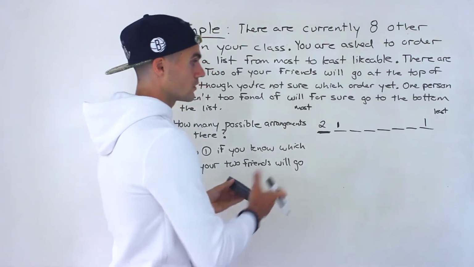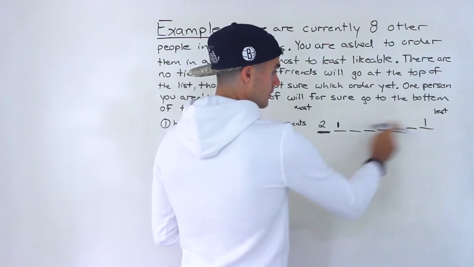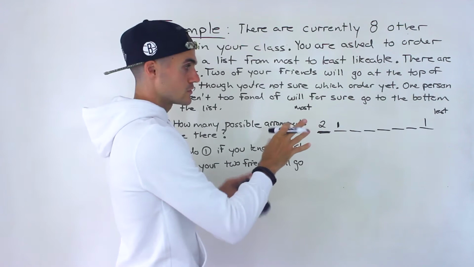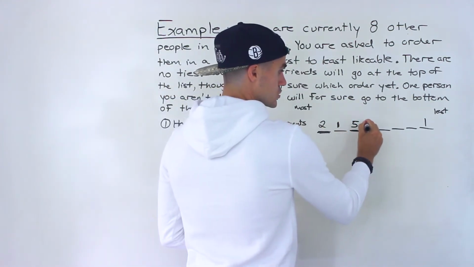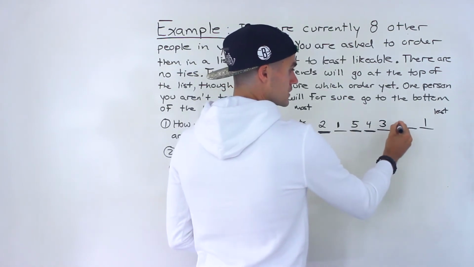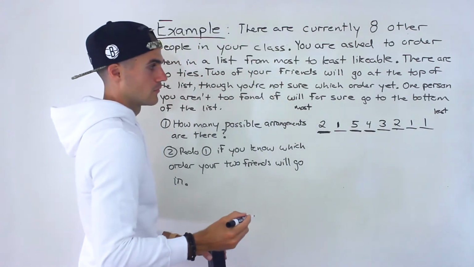You're not sure what are the possible arrangements. Well, we picked here, here, and here, so how many people do we have to pick from? 5. So 5 can take this position, which means 4 will be left to take this position, 3 will be left to take this position, 2 this one, and then 1 over here.